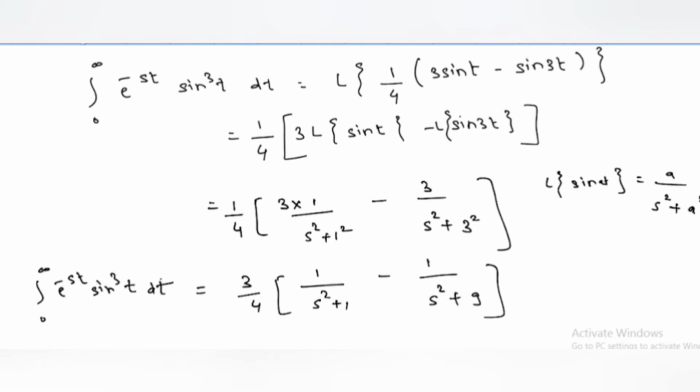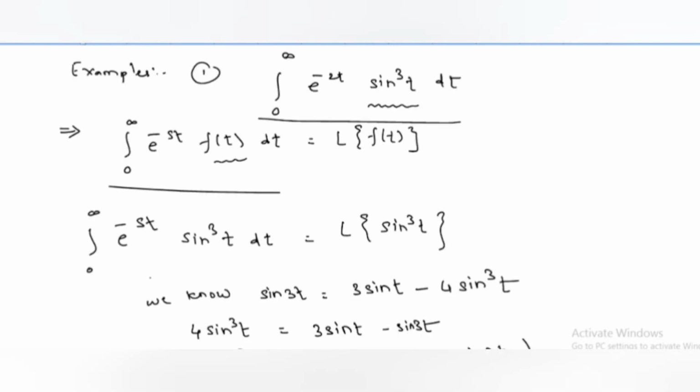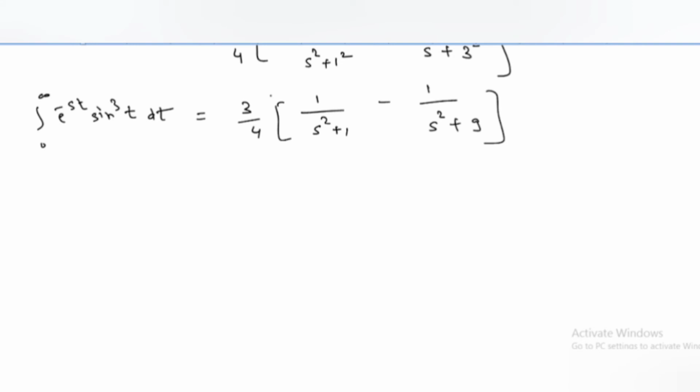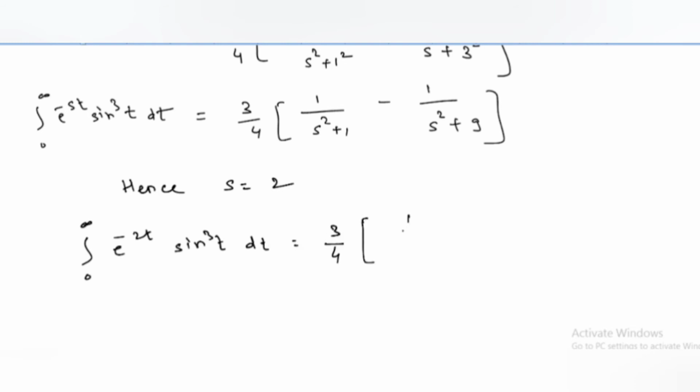But we have to find the value of integration from 0 to infinity e raised to minus 2t sin cube t, so we substitute the value of s. So s is equal to 2. Hence this equation becomes the integral of e raised to minus 2t sin cube t dt is equal to 3 by 4, substituting s is equal to 2.